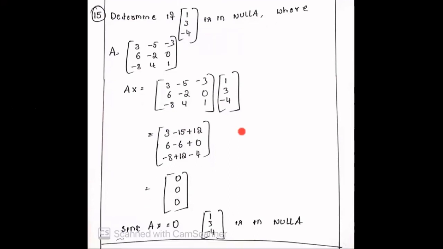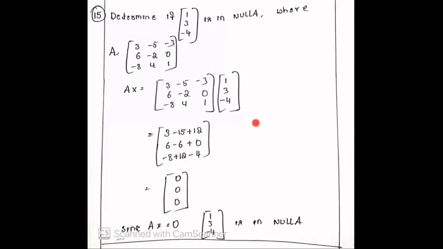Okay, so you multiply these two matrices. You know the matrix multiplication, row with respect to the column: 1 into 3, minus 5 into 3, minus 3 into minus 4.